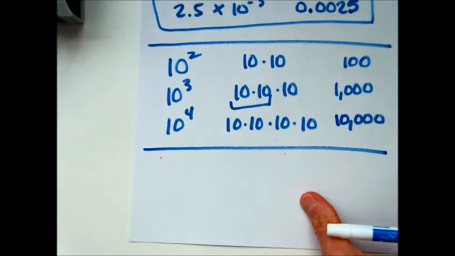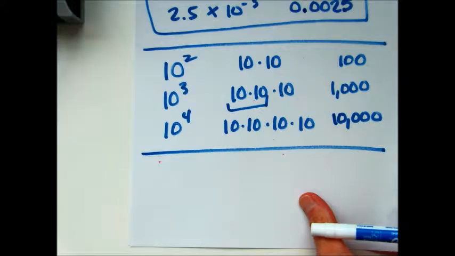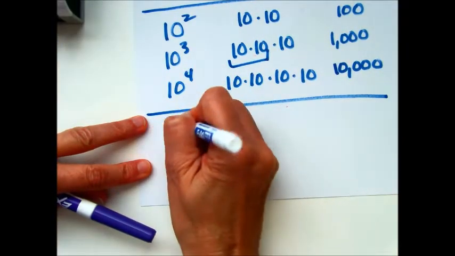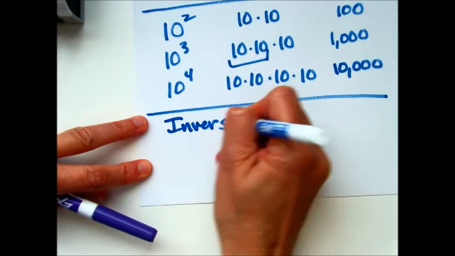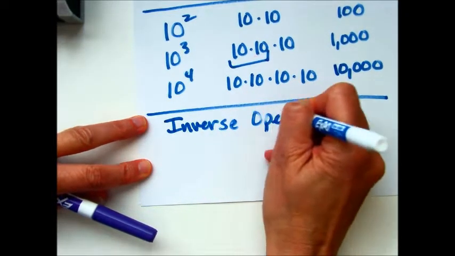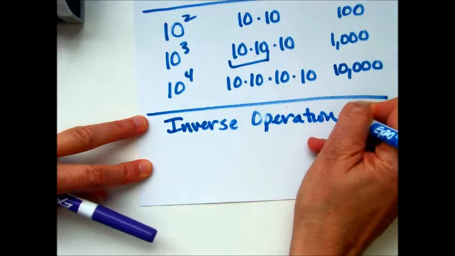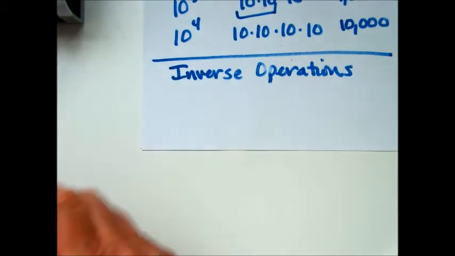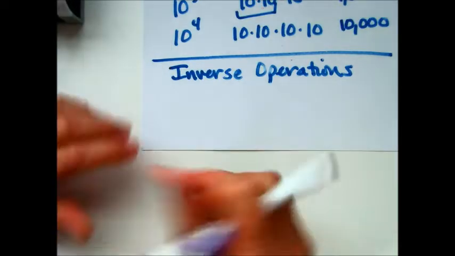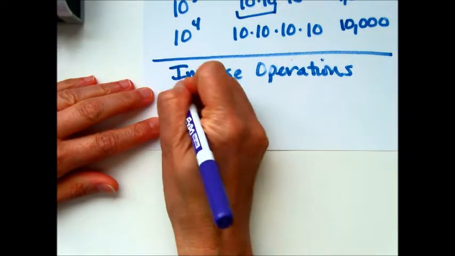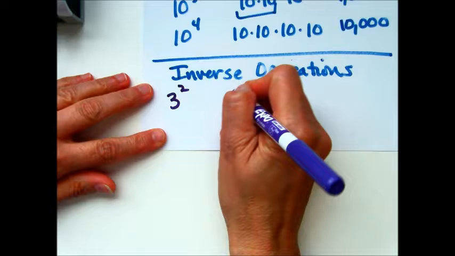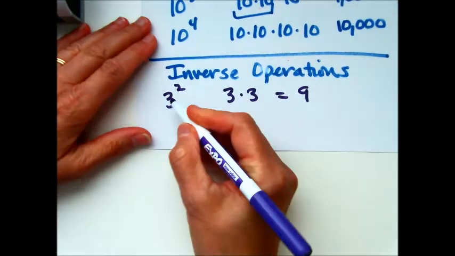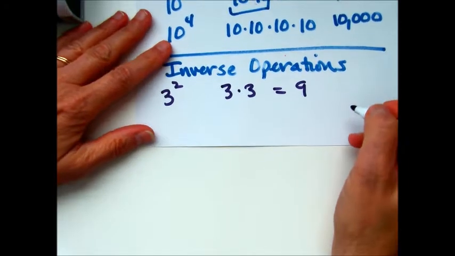The last thing I want to cover is the inverse of taking exponents. All right. So earlier we had something like 3 squared. Okay, and that was 3 times 3, that gave us 9. Okay, we were squaring 3.